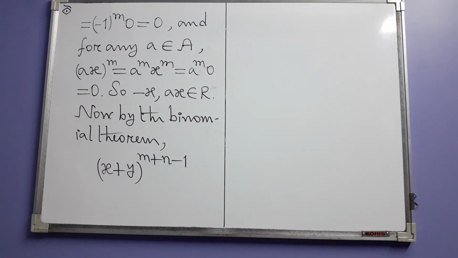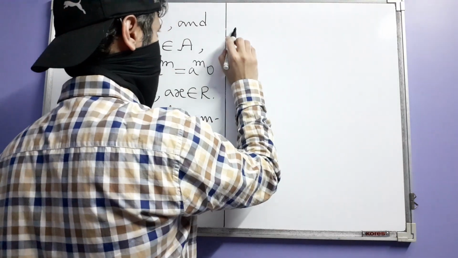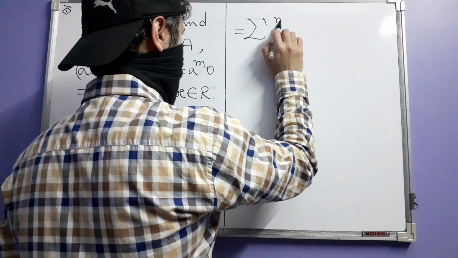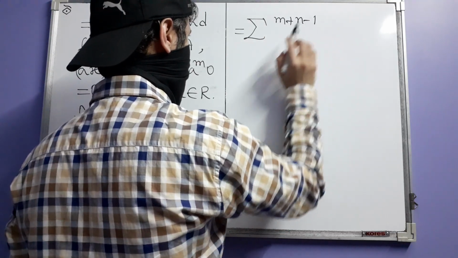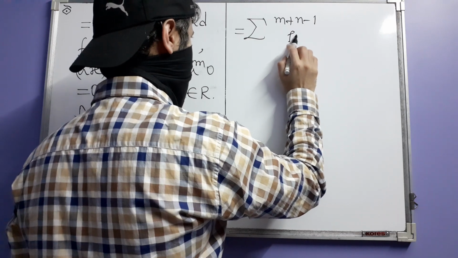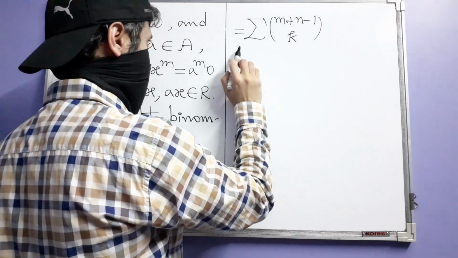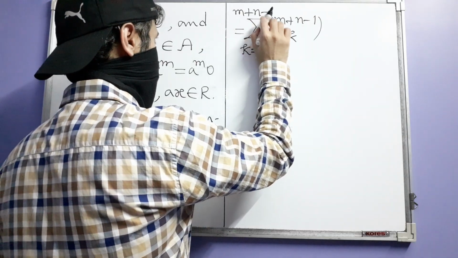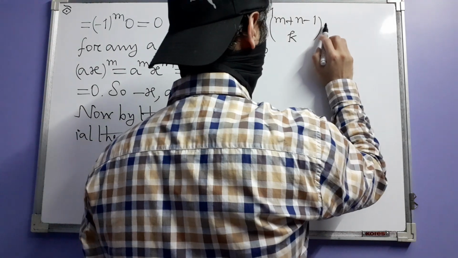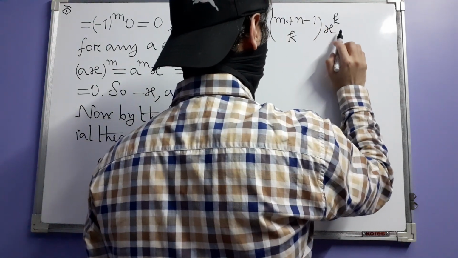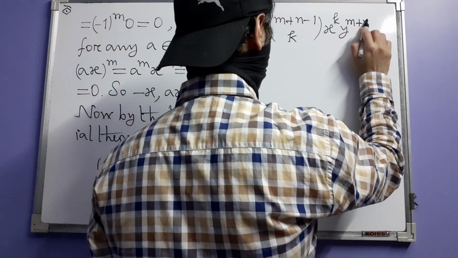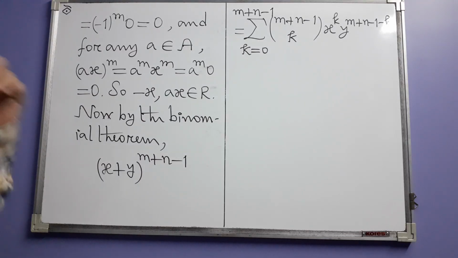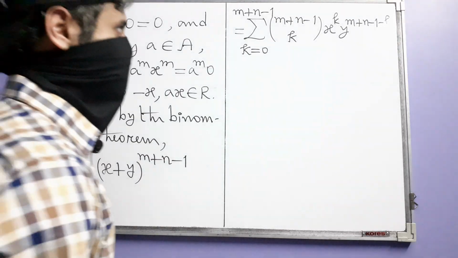So this will equal this summation. You first write the binomial coefficient. Let me write k, say, as the index of this sum. k varies from 0 to m plus n minus 1, and we have x to the power k times y to the power m plus n minus 1 minus k. Alright, fine, no problem with this.